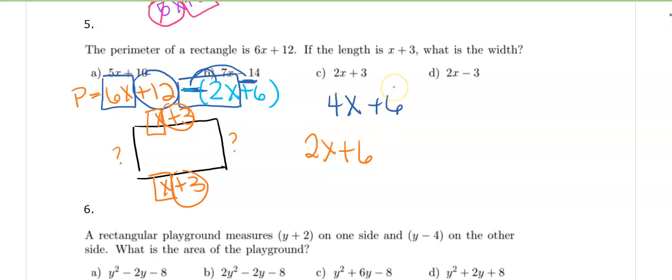Okay, that's not one of my answers. But that's what's left. Oh, wait a second. I have 2 things that I need to do. So this needs to be cut in half. So half of 4x is 2x. Half of 6 is 3. So each of these sides would be 2x plus 3.